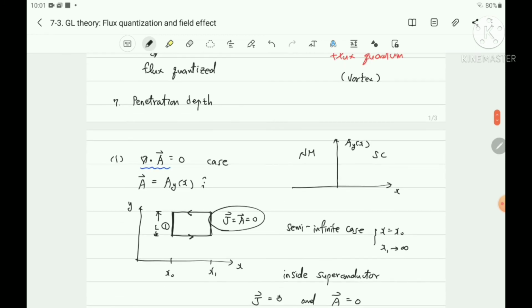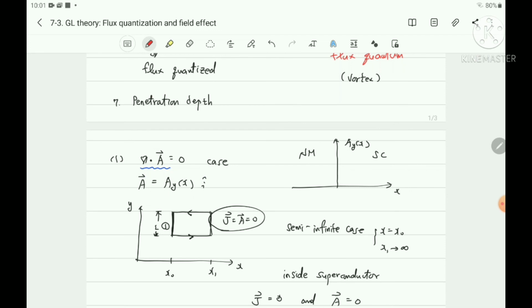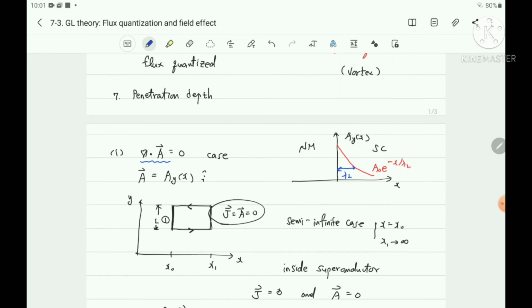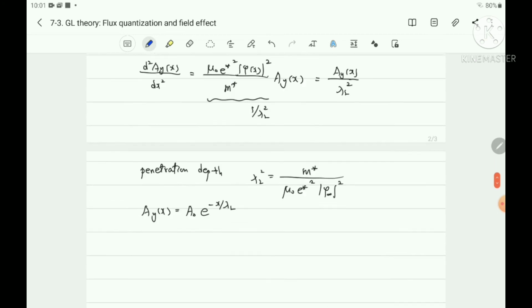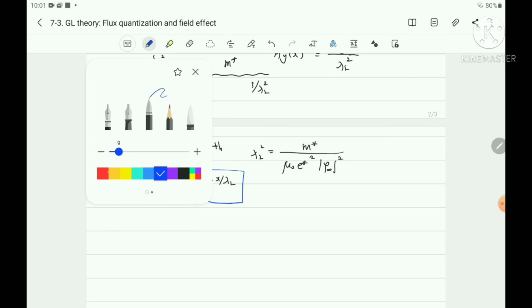Here it shows that the magnetic vector potential in the y component should have an exponential behavior like this, A0 exponential minus x over lambda L, and there is a penetration depth. For example, the penetration depth can be defined as the logarithmic inverse distance, and we can say that the magnetic vector potential decreases exponentially.